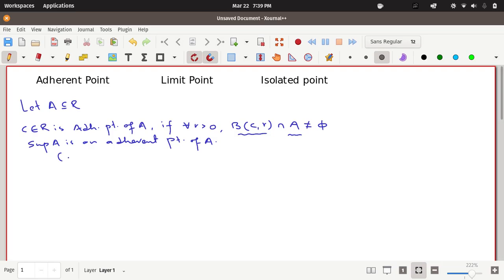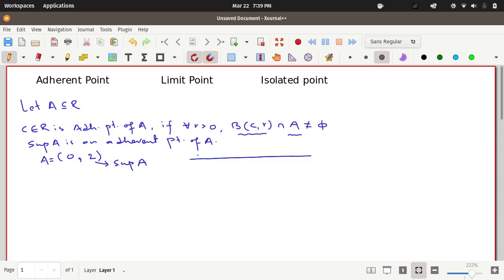Let's suppose an open interval (0, 2). Here it is very clear that this 2 is the supremum of this set. Let me call it A. This 2 is the supremum of A.